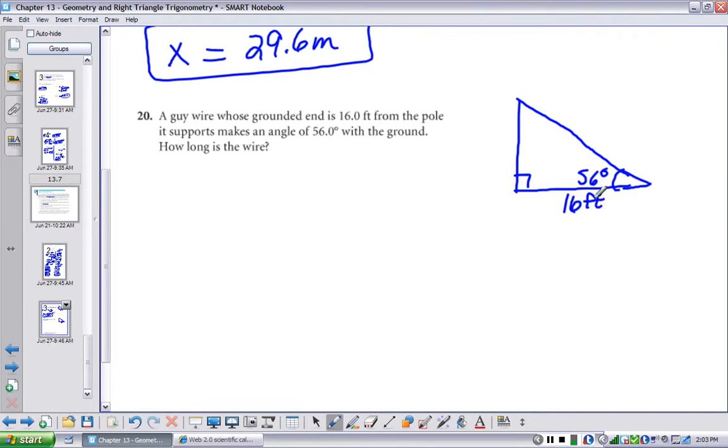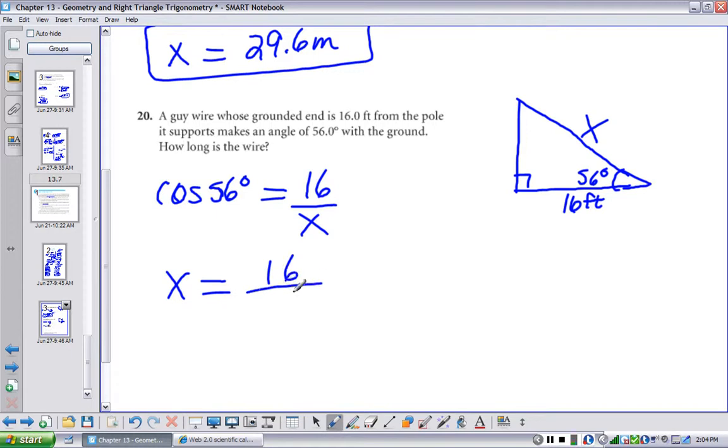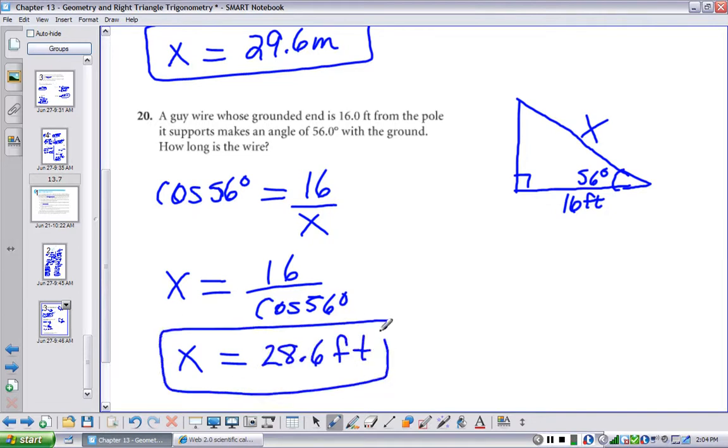They want us to figure out how long the wire is. We need to figure out the hypotenuse. So we have adjacent over hypotenuse, which is cosine. Cosine 56 degrees is the adjacent side, which is 16, over the hypotenuse, which is x. So x is 16 divided by cosine 56 degrees. So x is going to be 28.6, and our unit here is feet.